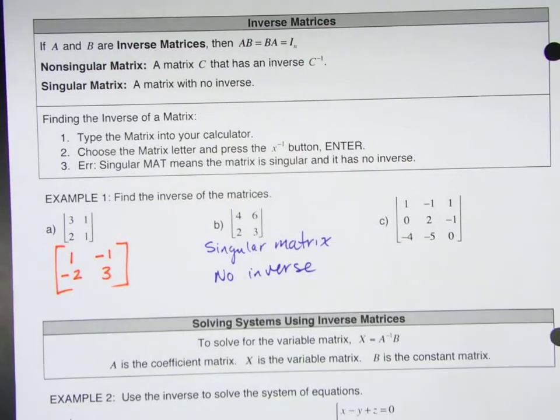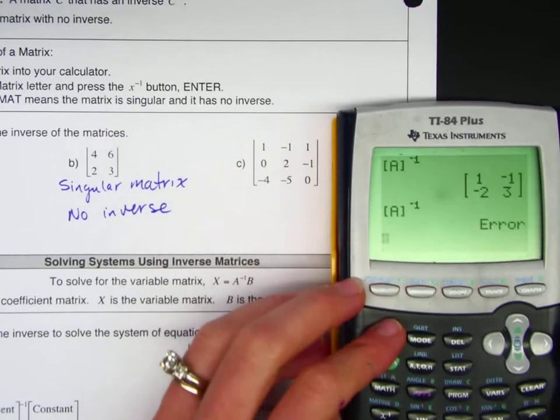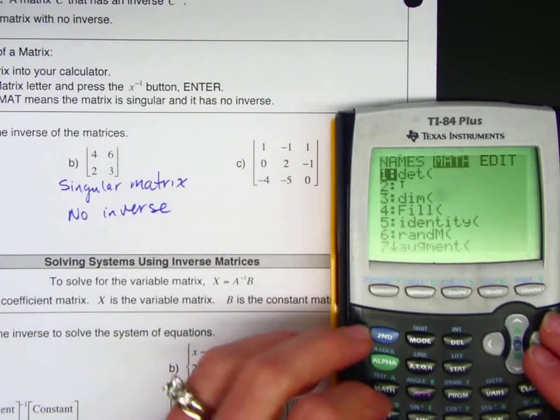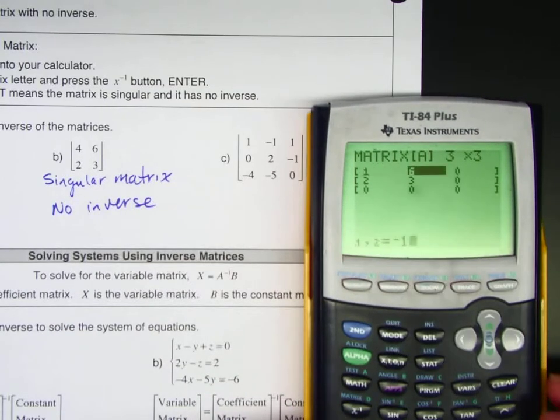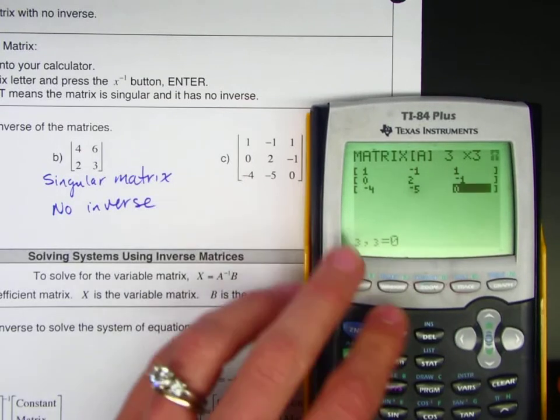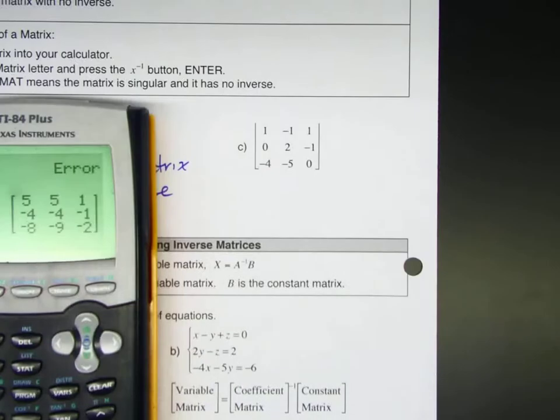And then the last one, I'm going to retype this into A. And then we have an answer, so we just write that out.